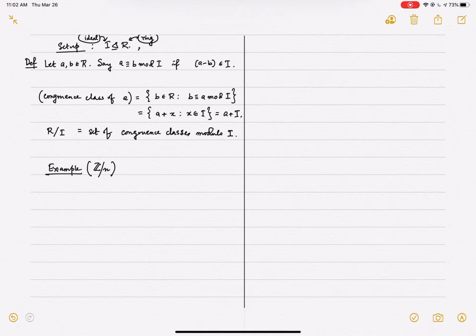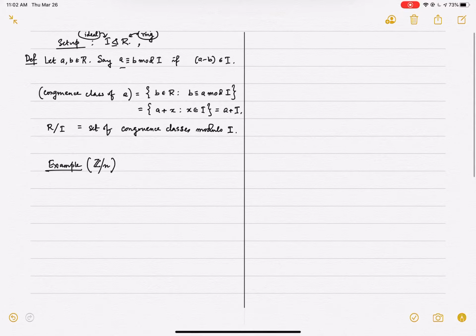If you give me two elements A and B in the ring, I say that A is congruent to B mod I. That's how you read this thing.